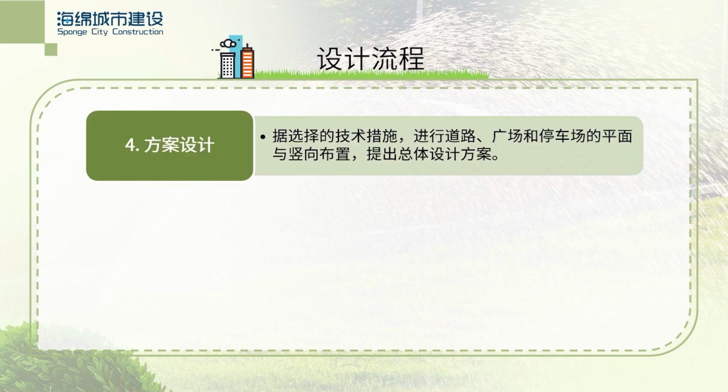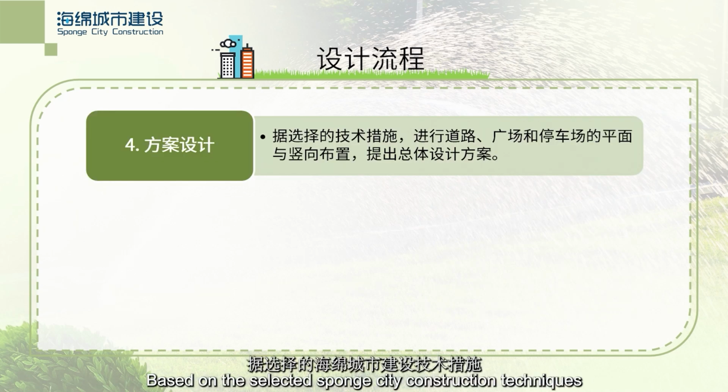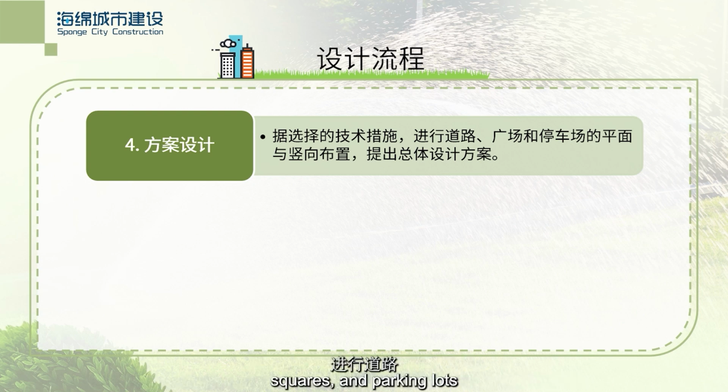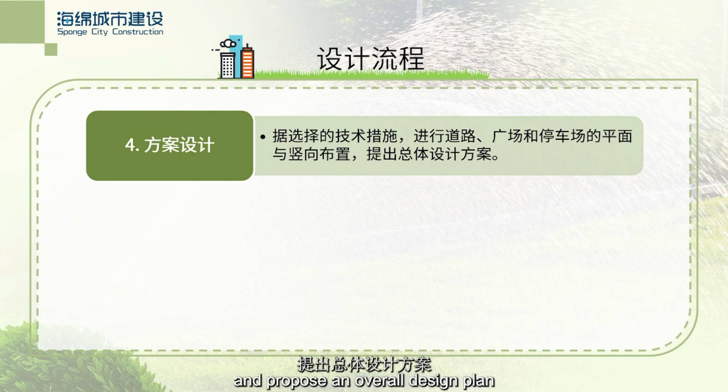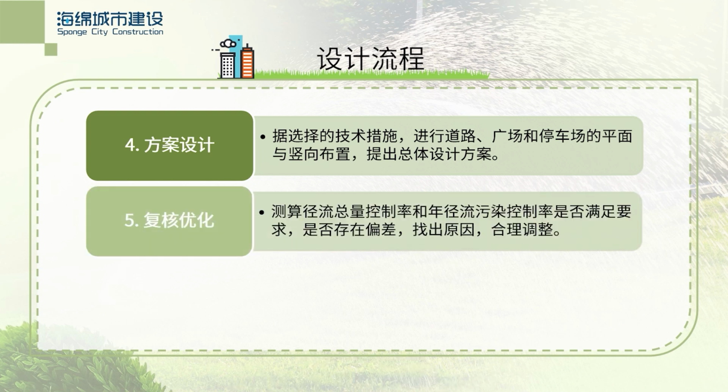Scheme design based on the selected Sponge City construction techniques, squares, and parking lots. Carry out the horizontal and vertical layout for roads, and propose an overall design plan, review and optimization.